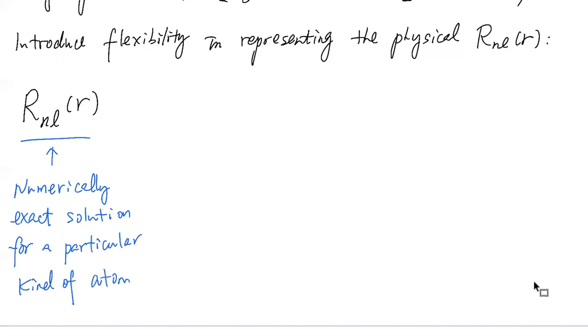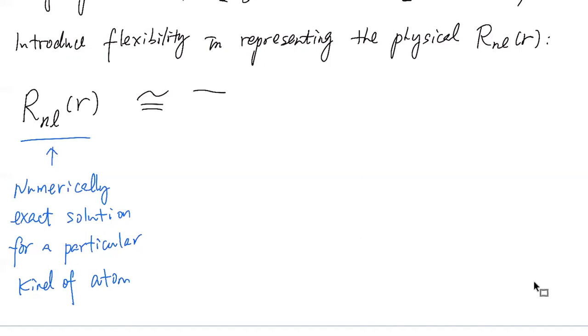This is important. For different kinds of atom, you should have different linear combinations. That's why for different atoms, you should choose different atomic orbital bases. They are all constructed by using this elementary Slater type orbital, but you have different linear combination coefficients. So your target is this. You're trying to approximate this numerically exact solution by using Slater type orbitals.